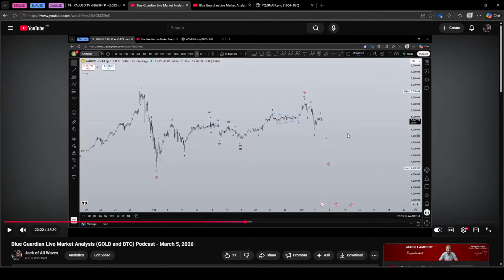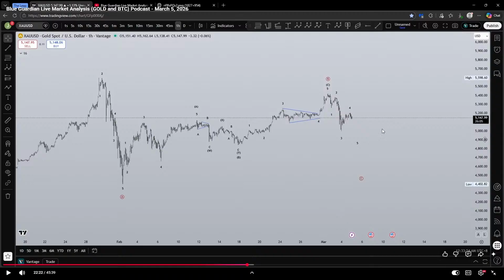So the next question here will be, where are we in terms of the current Elliott wave counts?